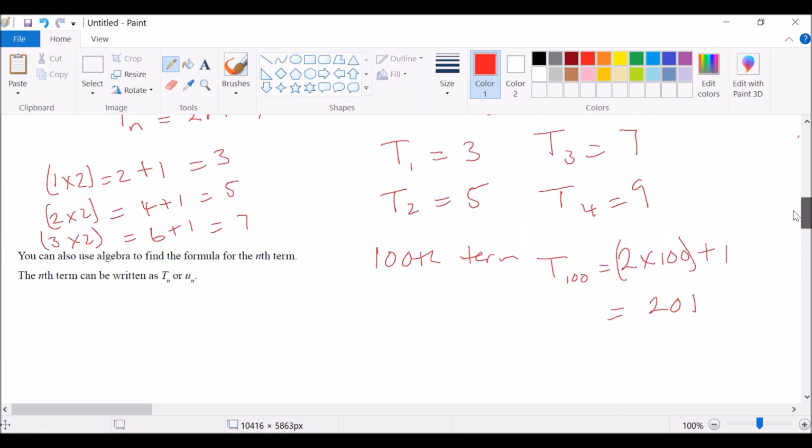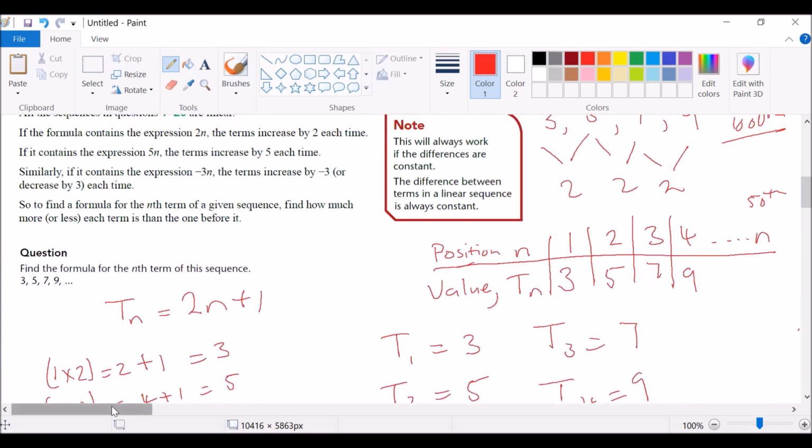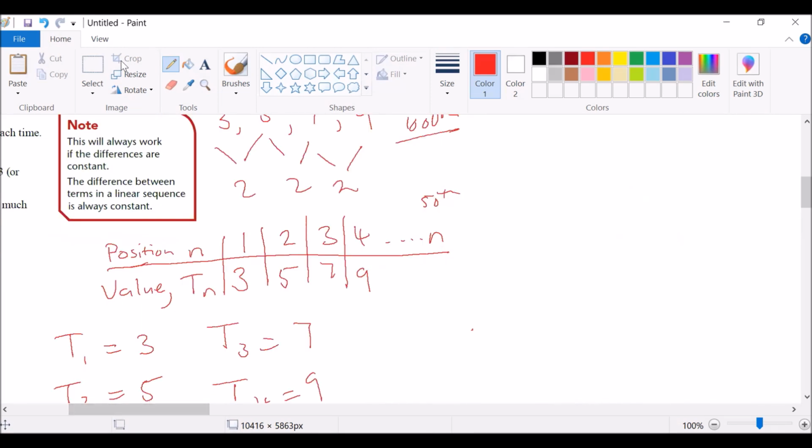If we want the 1000th term, what we are doing is looking for T1000, which is 2 times 1000 plus 1, which is 2001. So our table can now be extended. If it goes on and on, if we are at position 100, we will have 201.